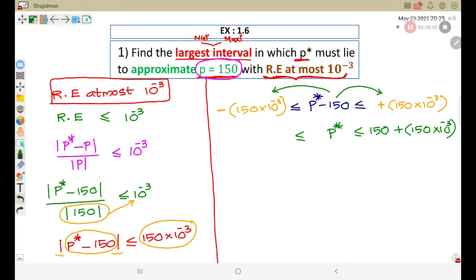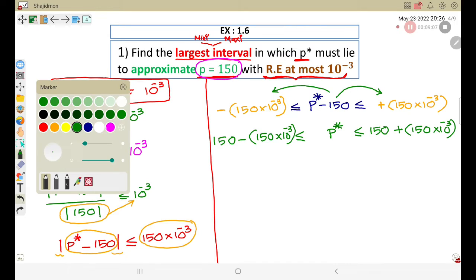Same way minus 150 taken to the minimum side, so 150 minus 150 multiply 10 power minus 3. I hope you understood what we did, correct? Minus 150 we taken to the positive side and minus 150 we taken to the negative side.